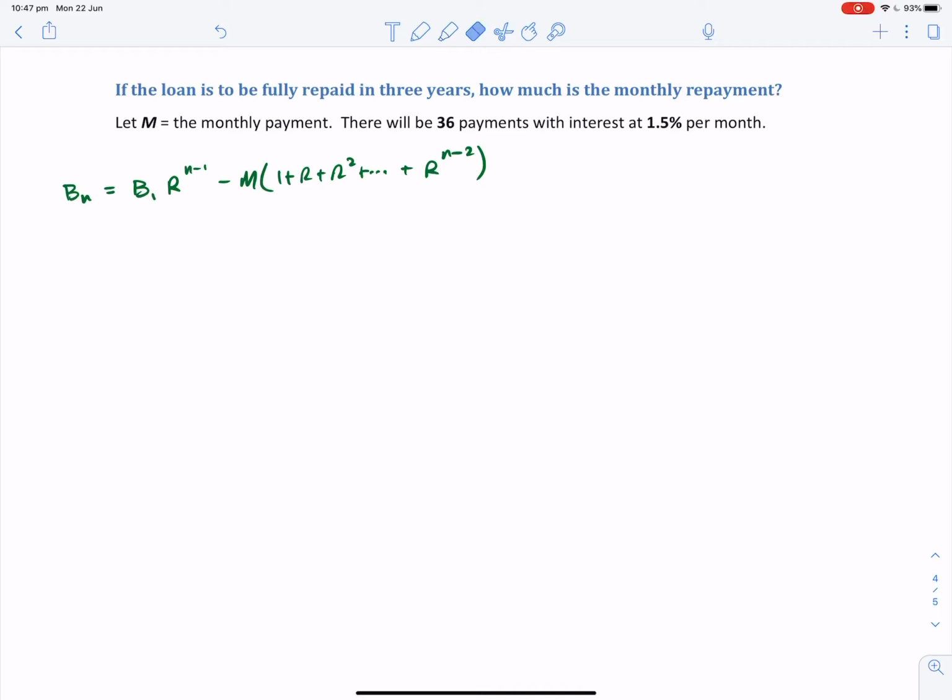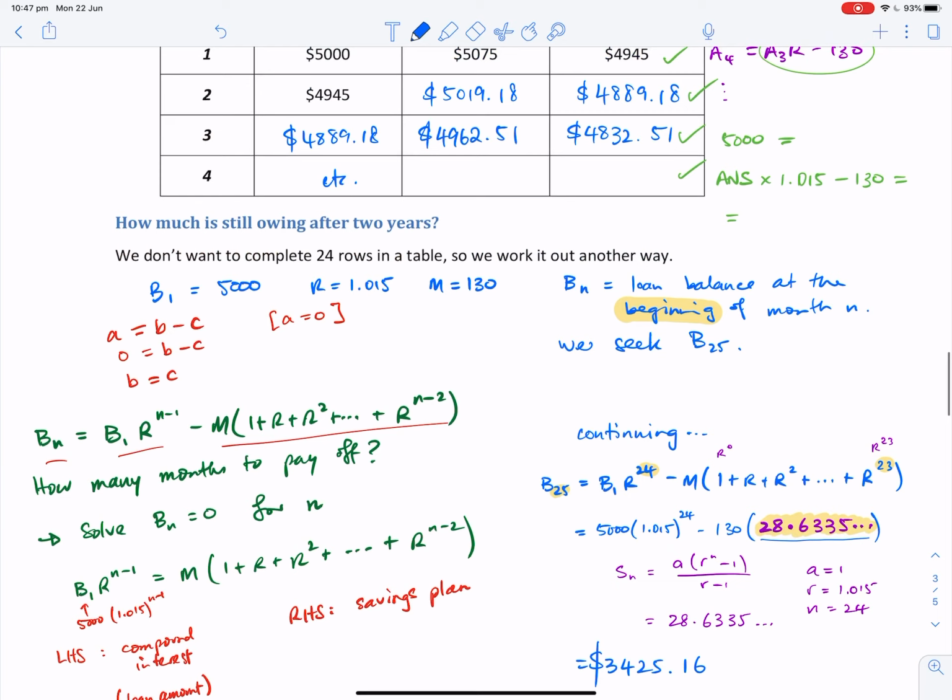Okay, so that is the balance at the beginning of month N, from memory. Yes.